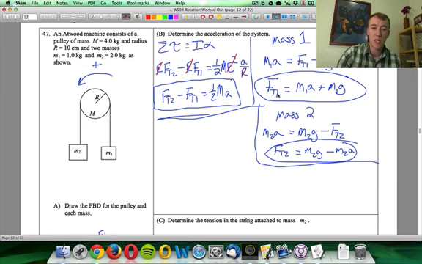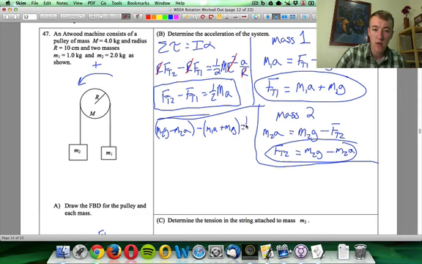Now we're going to plug each of these tensions back into our torque equation, have a whole lot of mess there, and then simplify and solve for a. So force of tension 2, that one was m2g minus m2a. I'm going to section that off. Minus tension 1, which was m1a plus m1g.